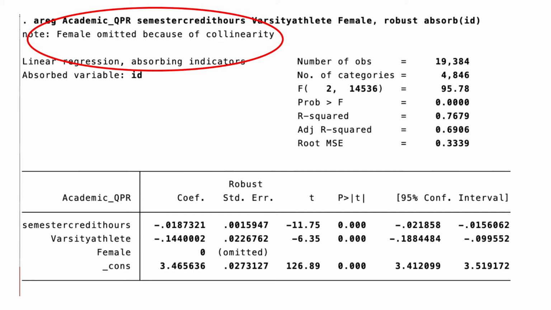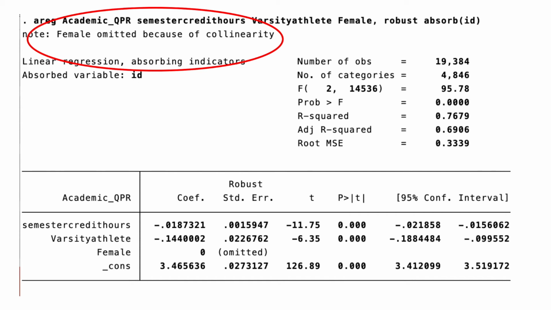Since the female dummy variable is unchanging for each female over the sample period, and here there's 4 semesters in this data set, that's a fixed time invariant factor. So that's going to be correlated with the dummy variable for each midshipman. And that is why female drops out of the equation.